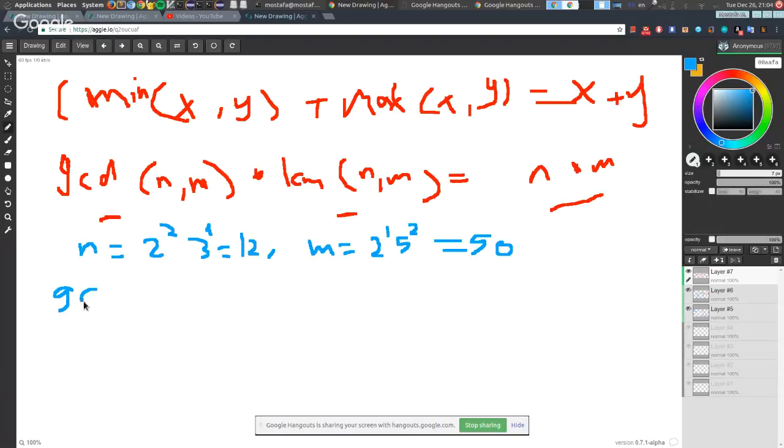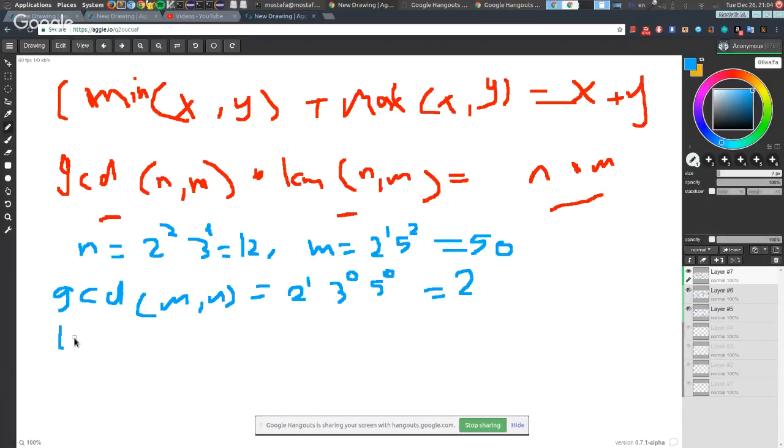So the GCD would be: take the minimum of the powers, so it's 2 power 1, 3 power 0, 5 power 0. So this is the GCD, which is 2.